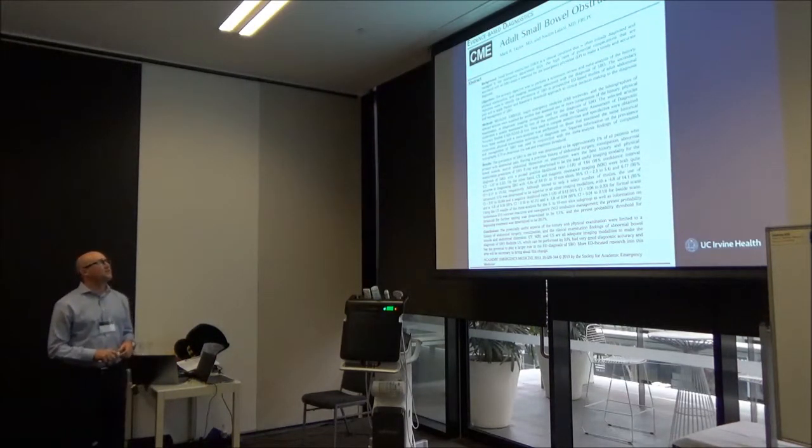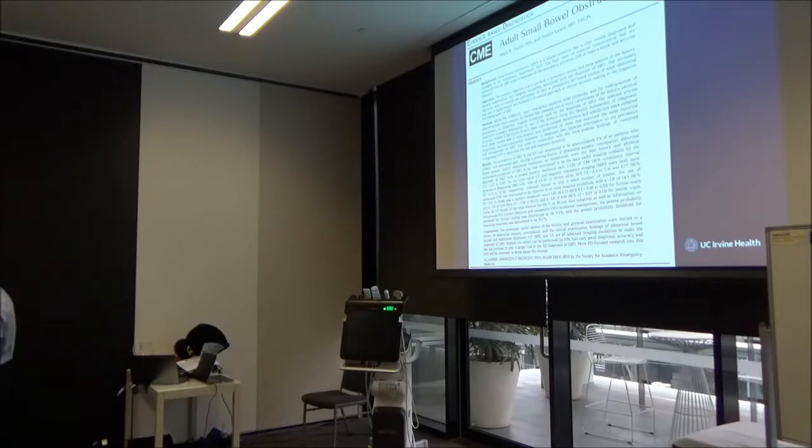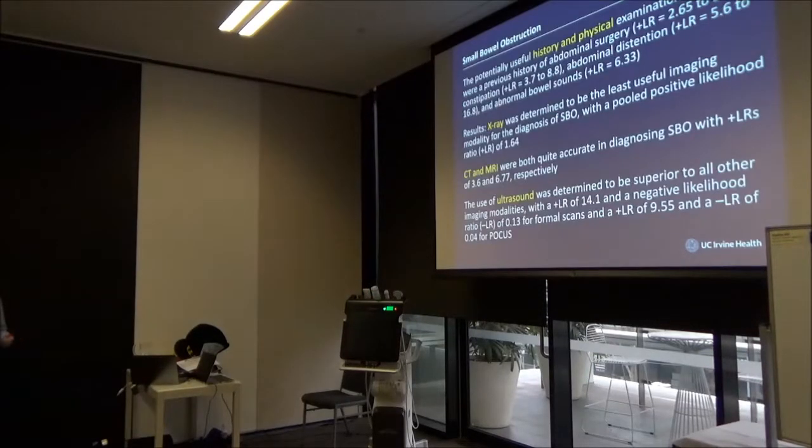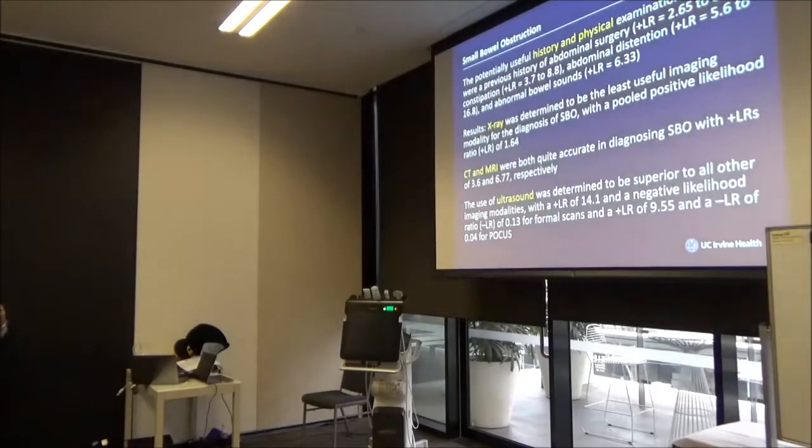The study was in Academic Emergency Medicine, one of our higher tier, very respected journals. Basically, for small bowel obstruction, they looked at factors like history and physical examination, x-rays, which of course we know are useless, CT and MRI, and ultrasound.